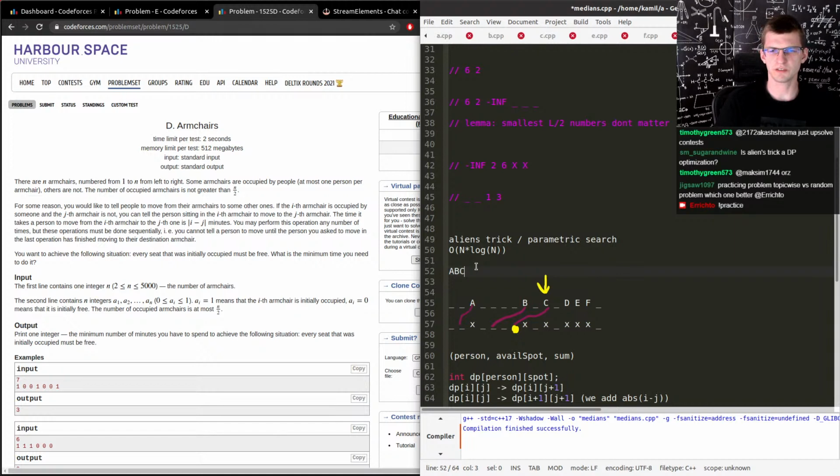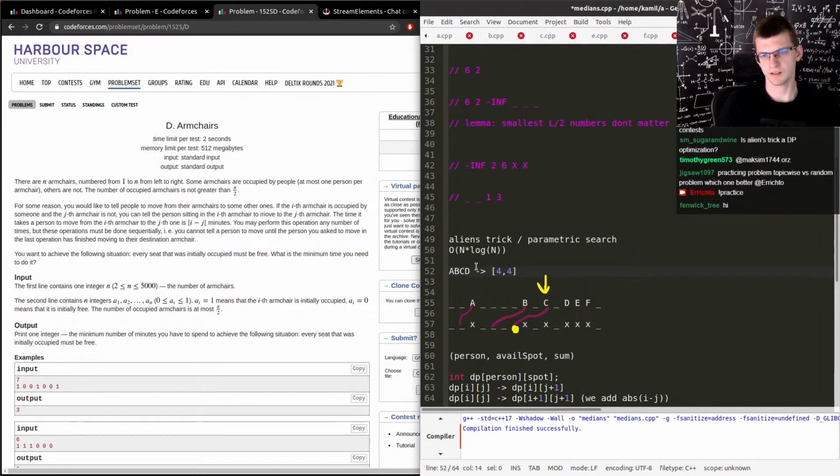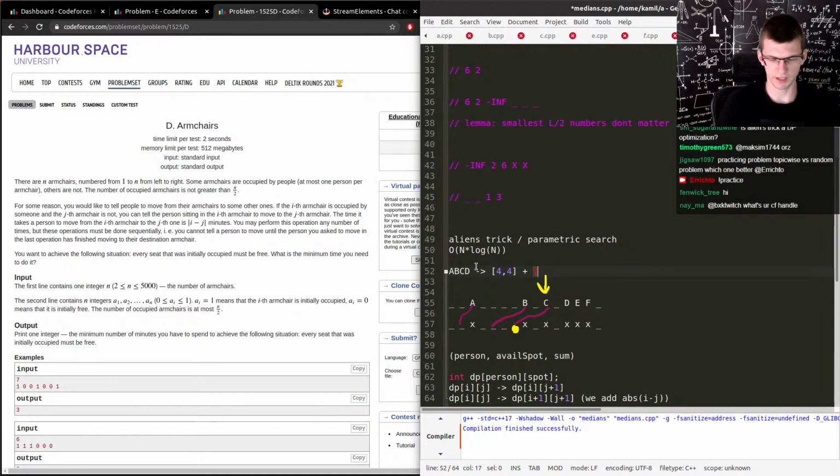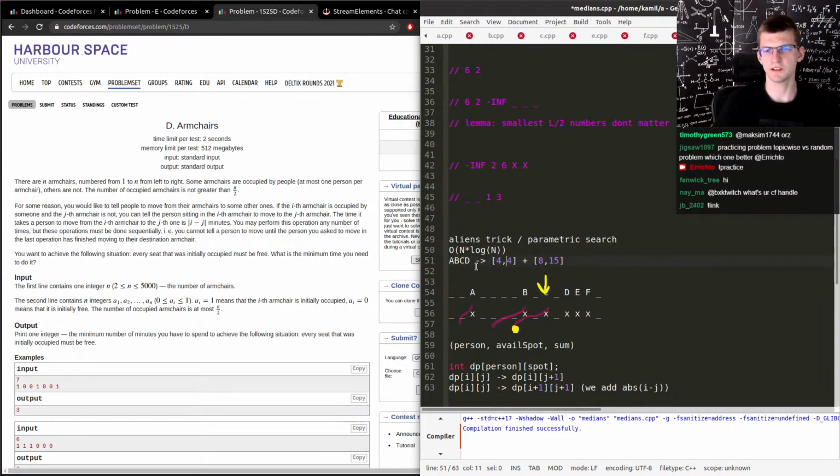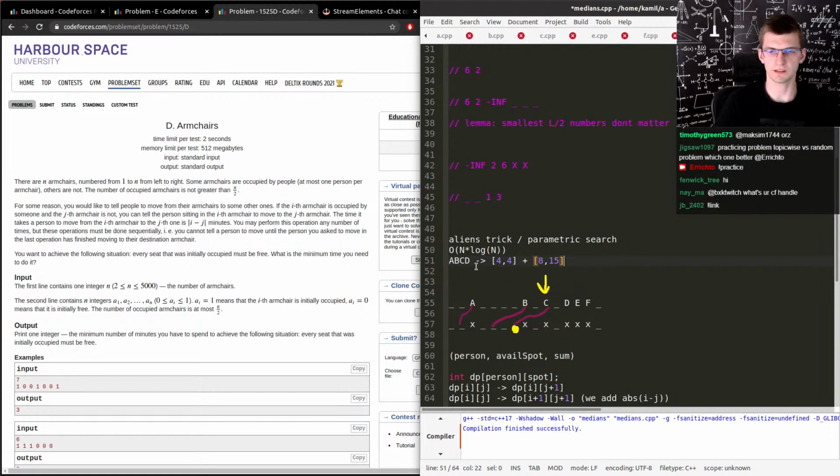So maybe we processed already A, B, C, D, and they take intervals of those empty chairs, maybe interval from 4 to 4, and also interval from 8 to 10, or from 8 to 15, but that includes also some taken chairs.